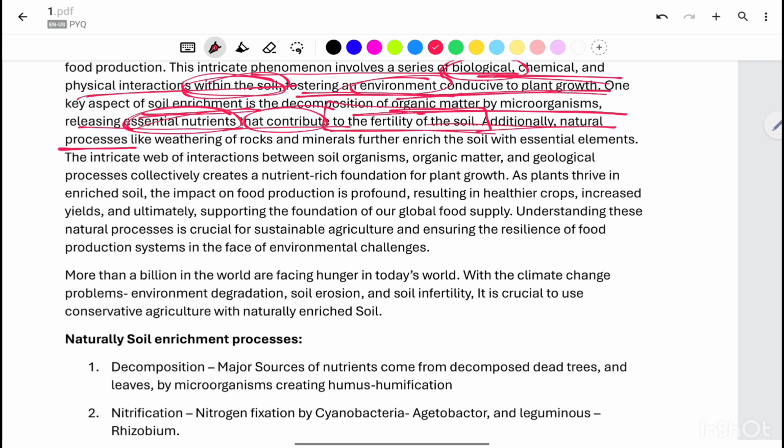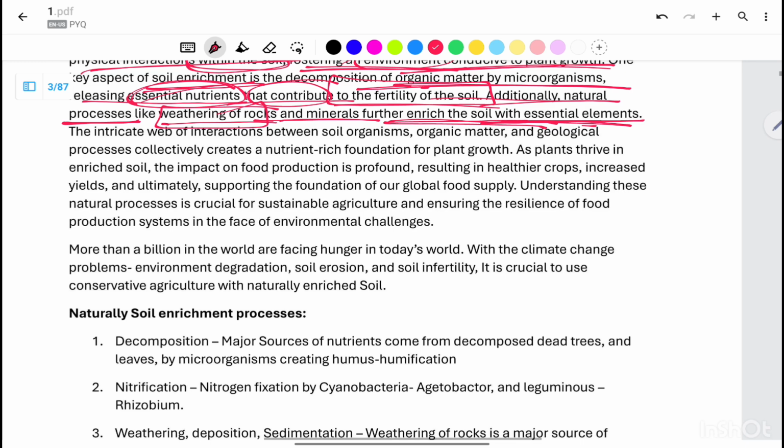Additionally, natural processes like the weathering of rocks and minerals also enrich the soil with essential minerals. Rocks and minerals provide the essential nutrients which are important for the soil. There is an intricate web of interactions between soil organisms, organic matter, and geological processes.